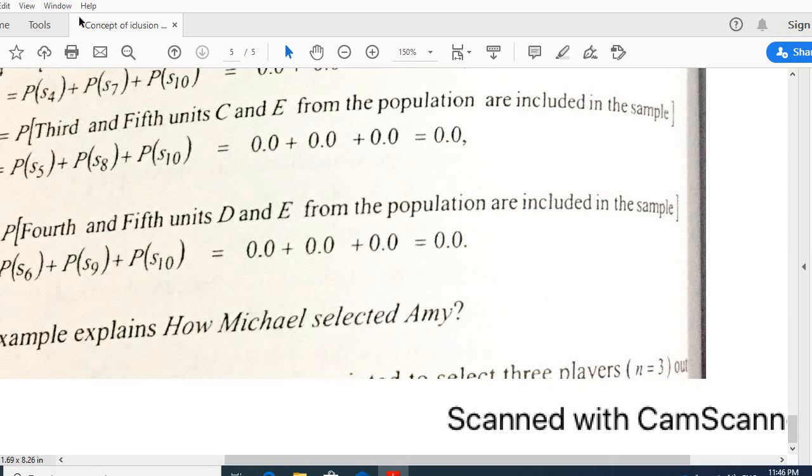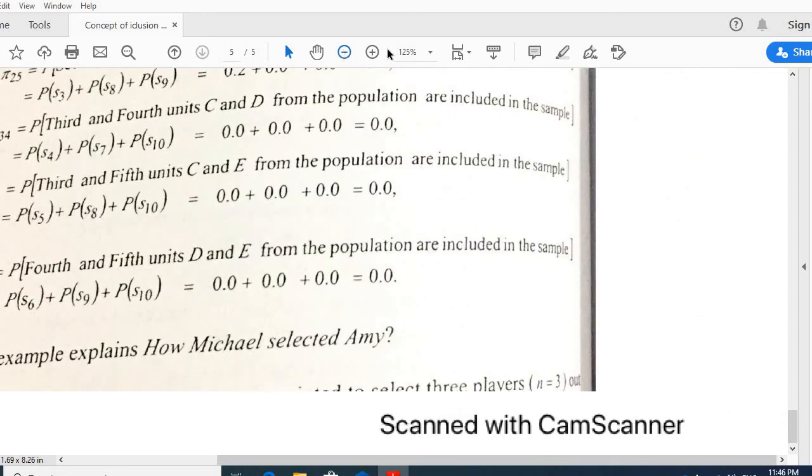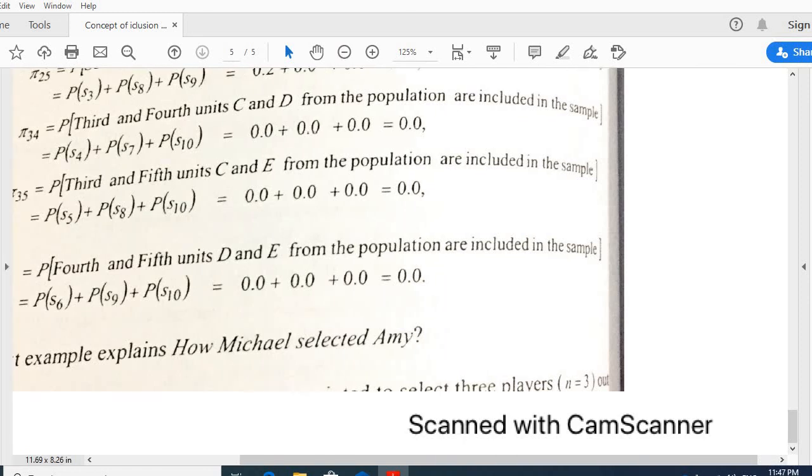Now pi 3,4, pi 3,5 and pi 4,5. You can find the remaining second order inclusion probabilities.